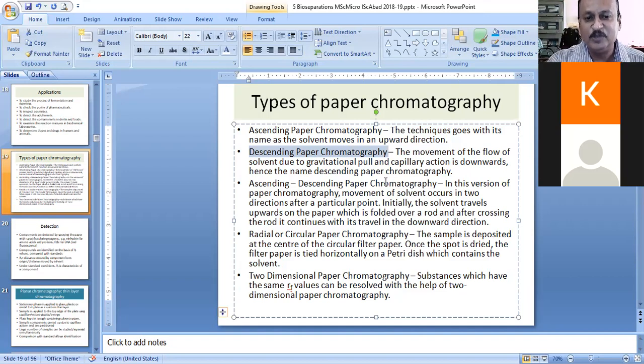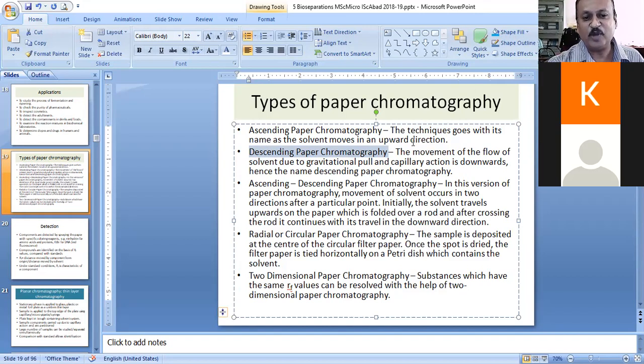If you want better separation in descending paper chromatography, one can take a longer strip of paper, because I have already told you that the longer the piece of paper, the better the separation, isn't it?